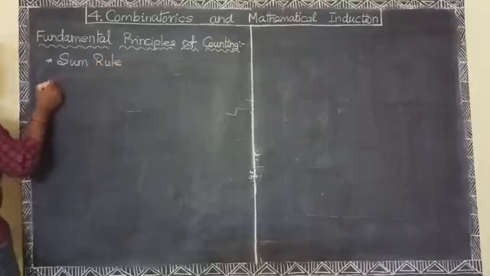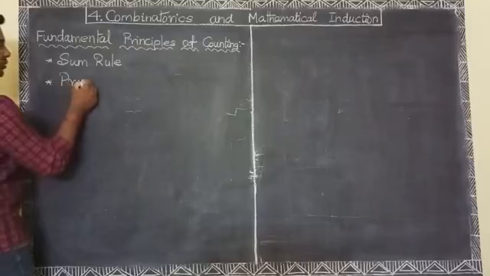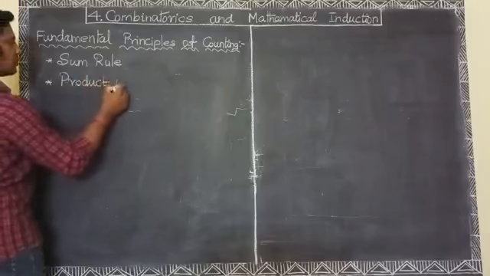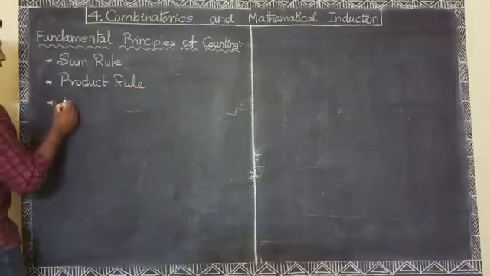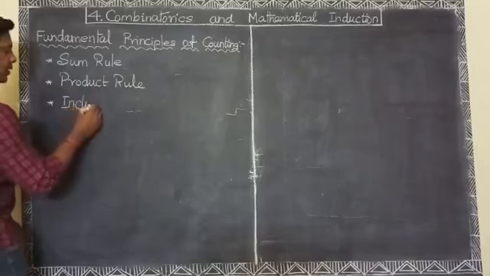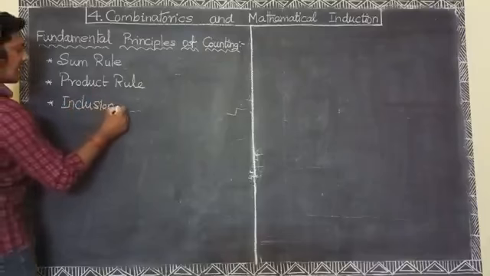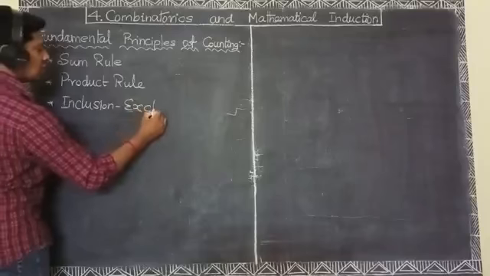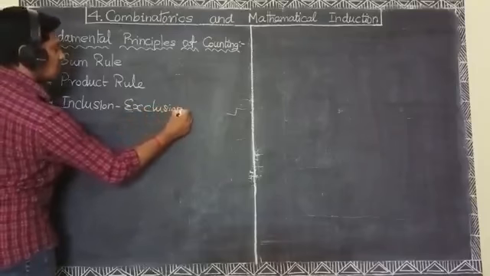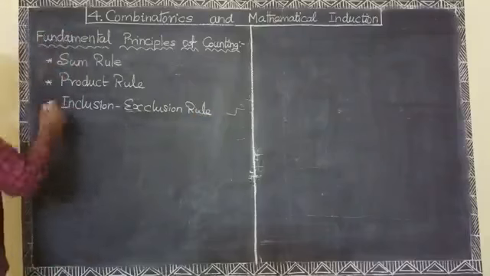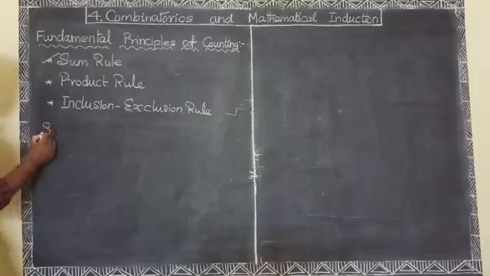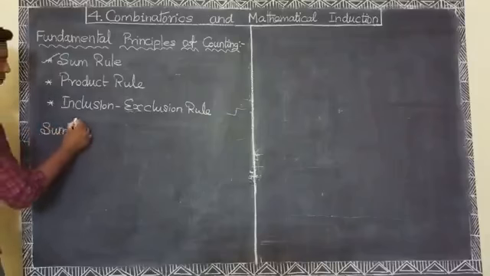The second one is the product rule. The third one is the inclusion exclusion rule. Okay, let's go to the sum rule.